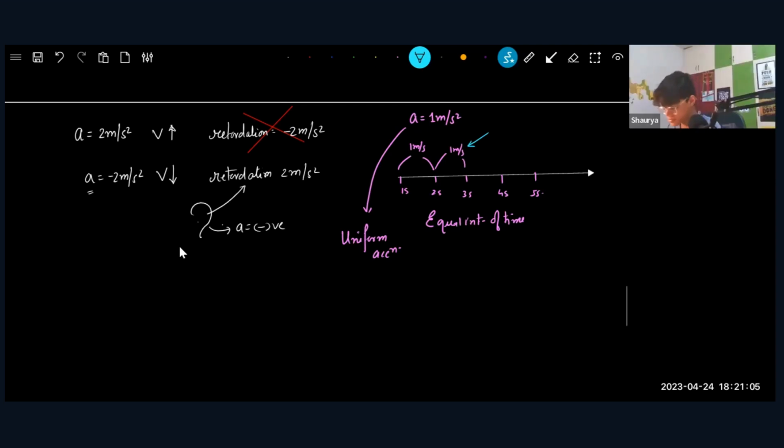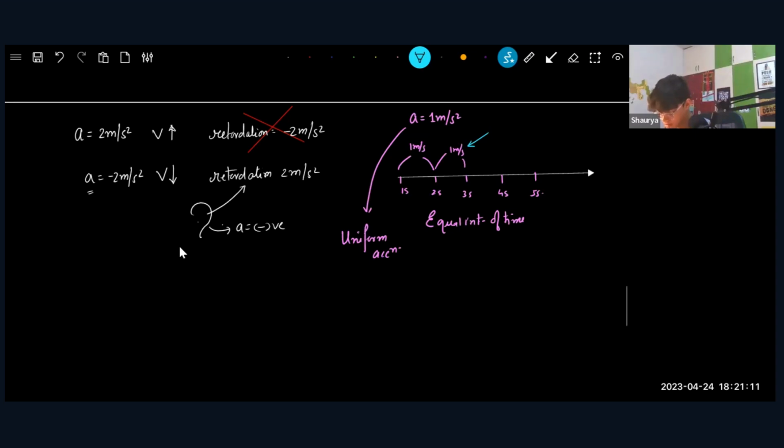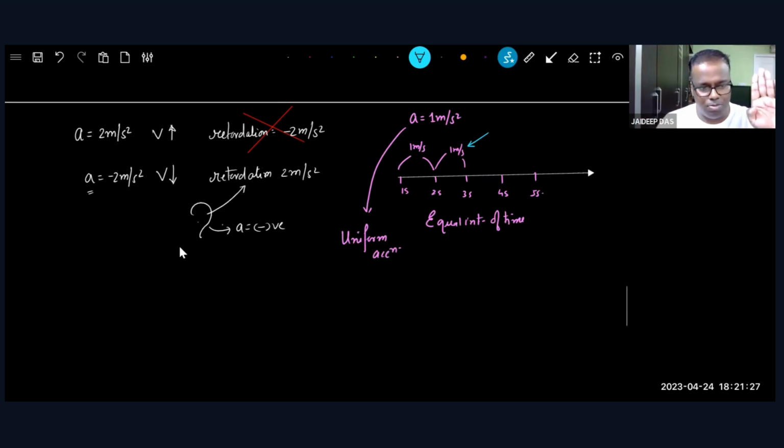Can you repeat the uniform acceleration? Once again, a body is said to move with uniform acceleration if it travels in a straight line. By straight line, you are defining the displacement part. Then only velocity will be born. Acceleration is the grandchild of displacement. First displacement, displacement's child is velocity, velocity's child is acceleration.